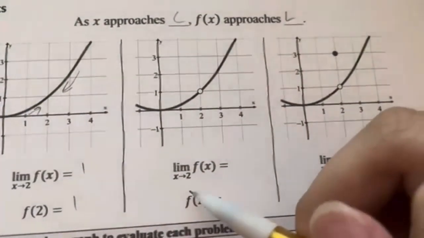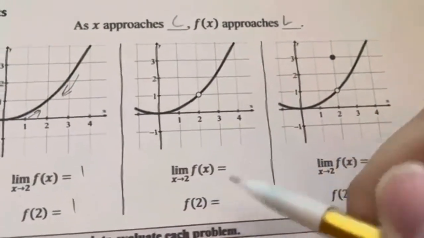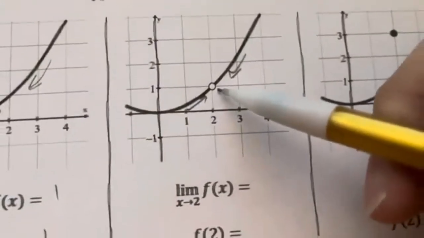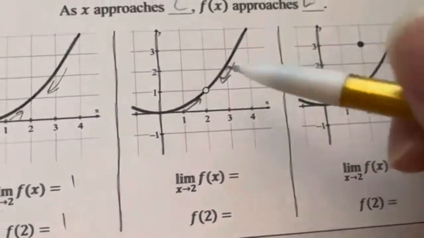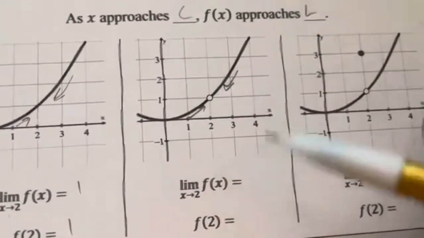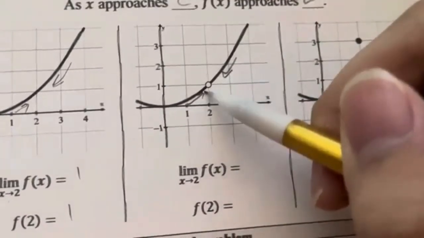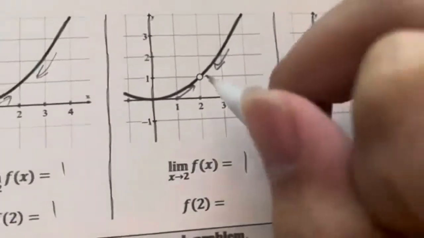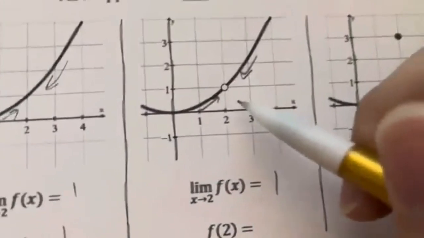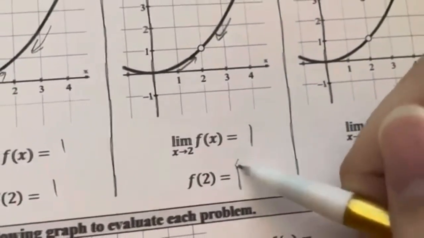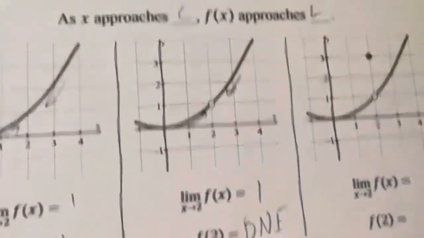The limit as x approaches 2, so the graph approaches 2, but you see right here it's an open circle, and that means that it does not equal 2. But the graph, the line, approaches 1 on the graph, but it doesn't equal 1. So f of 2 does not exist.